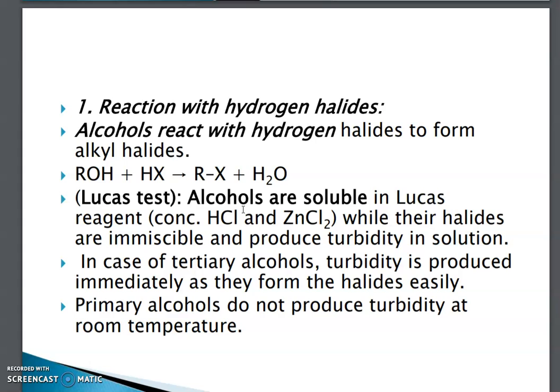Tertiary alcohol will give sudden turbidity when reacted with Lucas reagent. Secondary will give turbidity in a few minutes, and primary alcohols do not produce turbidity at room temperature. So we can easily identify primary, secondary and tertiary alcohol by using Lucas reagent.